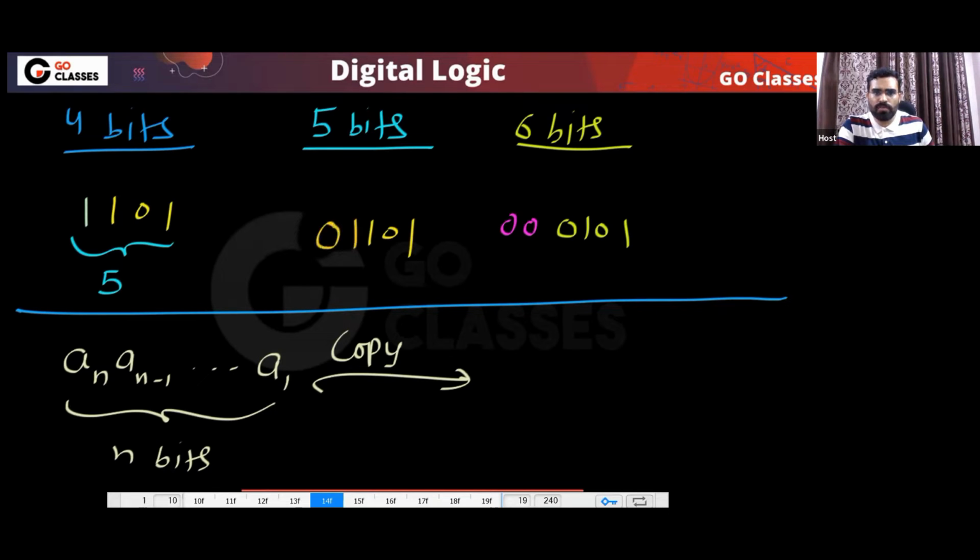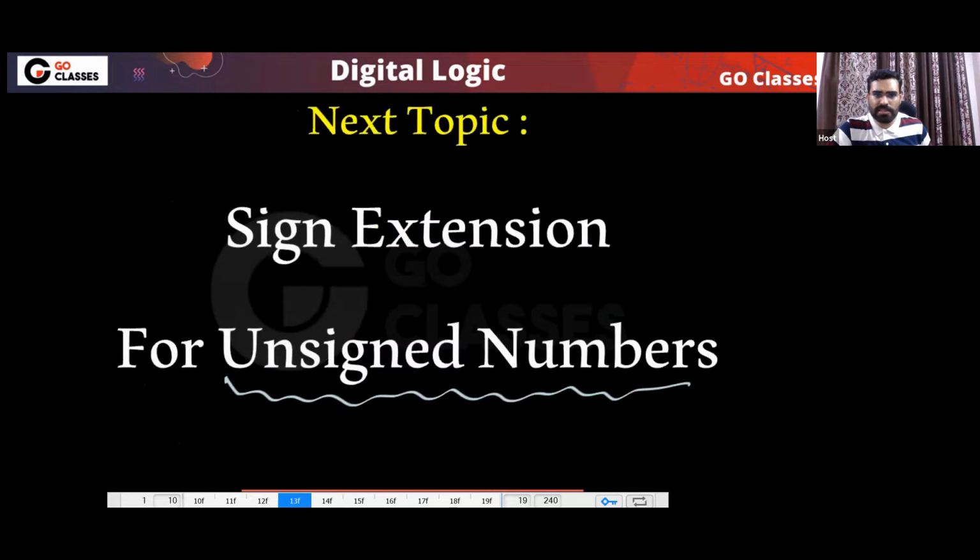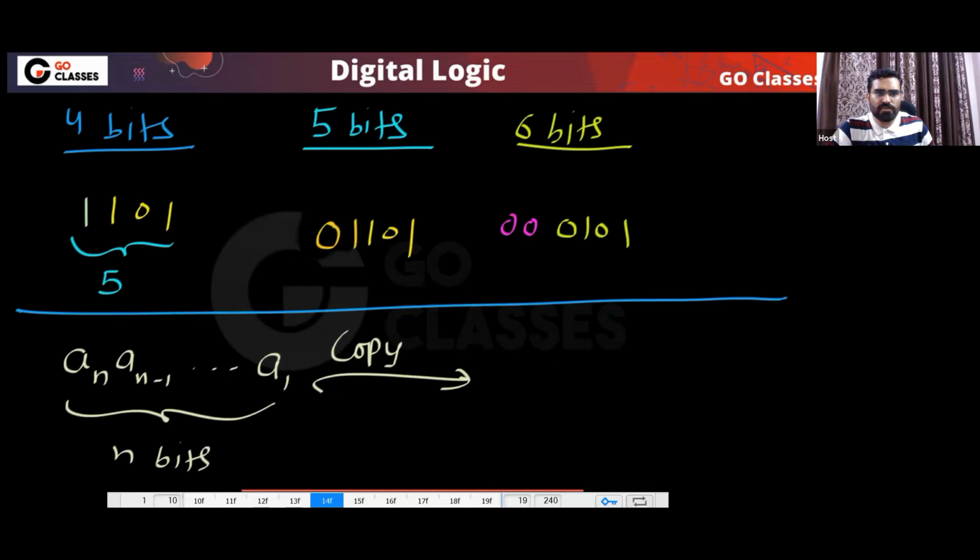You will again put 0, correct? And this is unsigned. You can notice that the value 1101 is 13, and the new value 01101 is also 13. This is the same. So whatever data you have, this is your unsigned data.